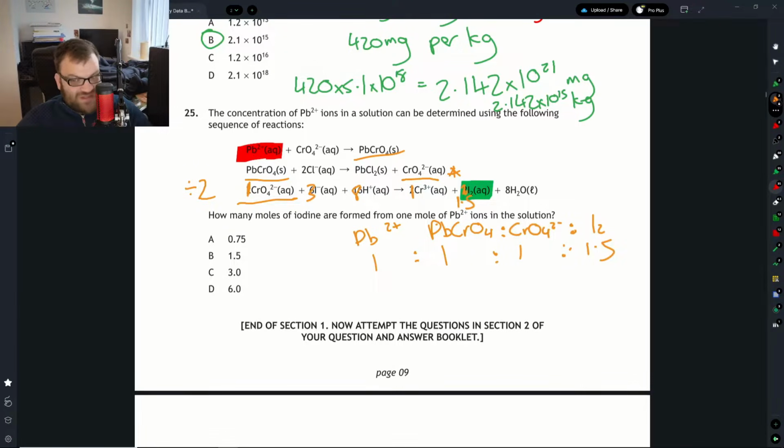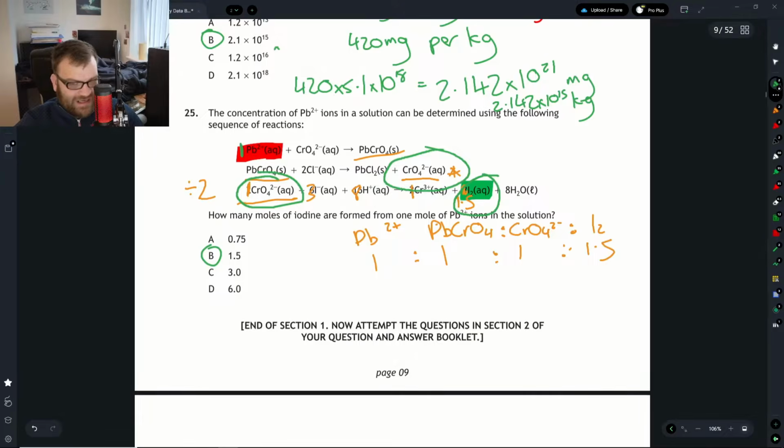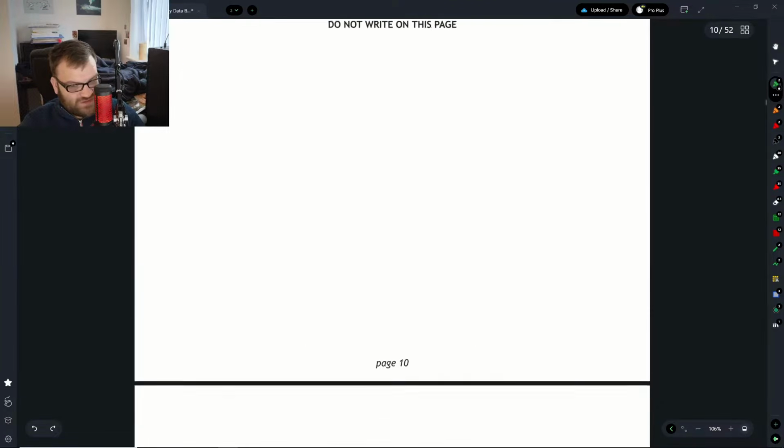So it's a 1 to 1 to 1 to 1.5 ratio, which means our answer would have to be B. So we're trying to look at how they can connect between the equations, and you need to take into account we are fixed to say that it's one of the Pb2+. That's what the question says. So everything has to be based off using one of those. If you've got one of those, you would make 1.5 of those ones. So we need to take into account the ratios and get to our answer there.